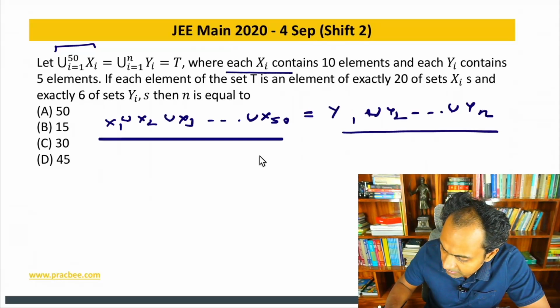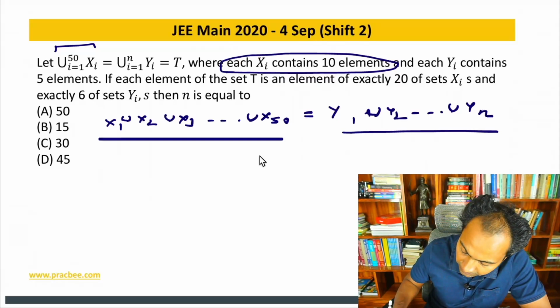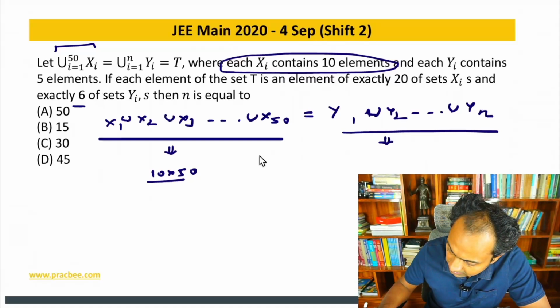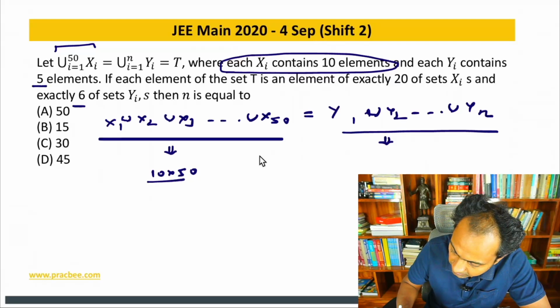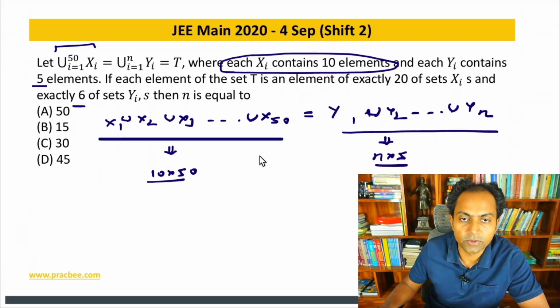now each xi contains 10 elements. So you can see that if I have 50 sets, it will have 10 into 50 elements. Each yi contains 5 elements. So there are n sets, so n into 5 is the total number of elements.